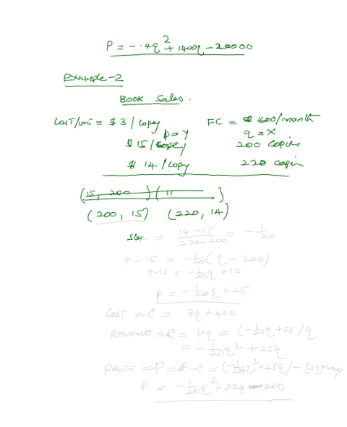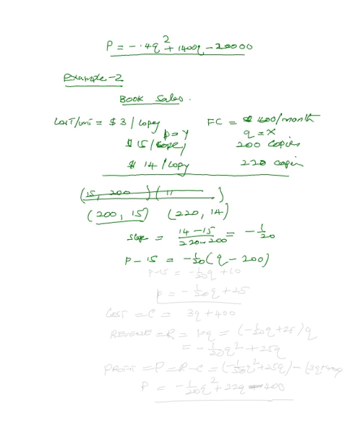So the slope here will be 14 minus 15 over 220 minus 200, which is negative 1 over 20. Now if I use the point-slope form this time and use one of these points, let me say I use the 15 and the 200, I will have price minus 15 equals negative 1 over 20 times Q minus 200.